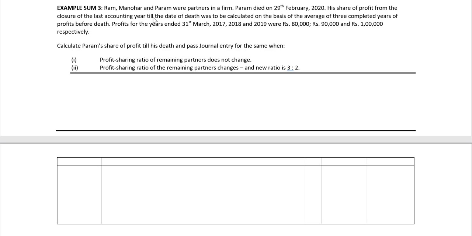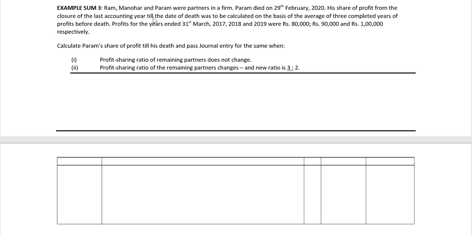Profits for the years ended 31st March 2017, 2018 and 2019 were rupees 80,000, rupees 90,000 and rupees 1 lakh respectively. We are asked to calculate Param's share of profit till the date of death and pass the journal entry for the same when, first case, profit sharing ratio of the remaining partners does not change.